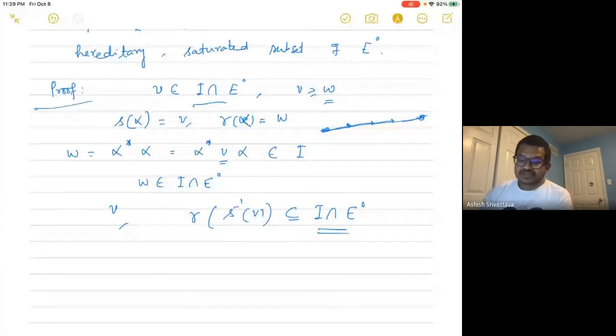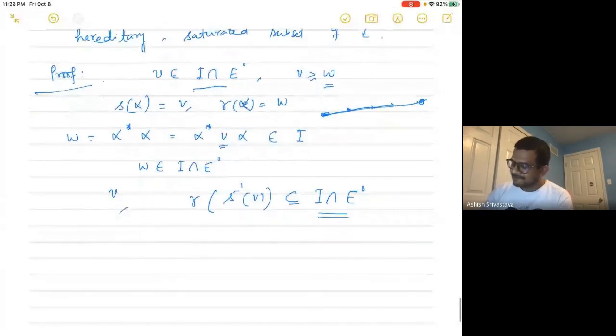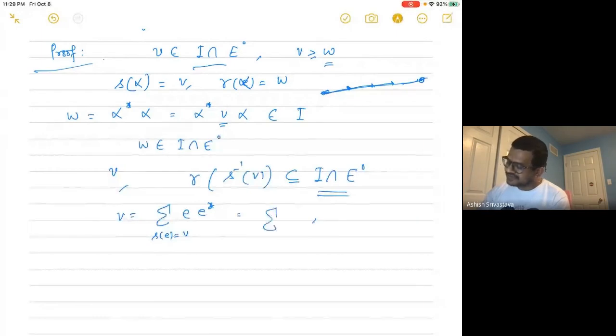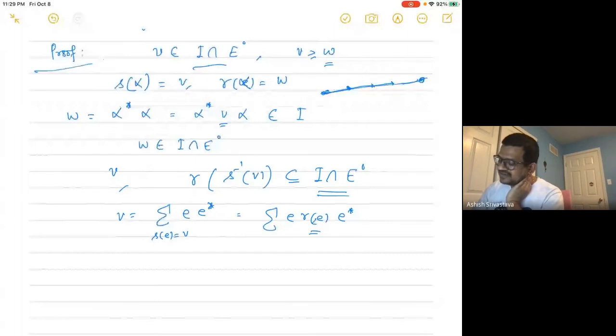Now remember the Cuntz-Krieger two condition: V is the sum of E E star, over E with source of E equal to V. So if you put here range of E, then this is in I. Again, you have a two-sided ideal, you multiply by elements on left and right, you fall back again in I. So that means V is in I, and it's a vertex, so it is in I intersection E naught.